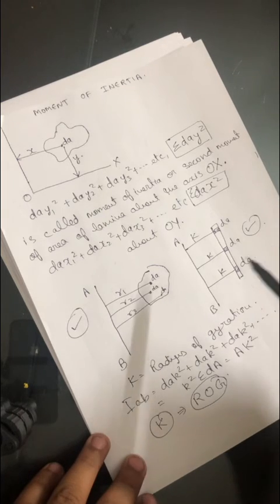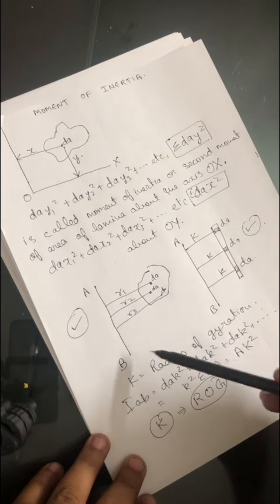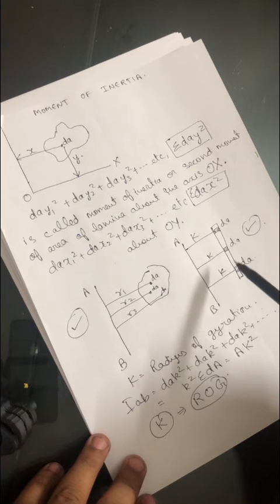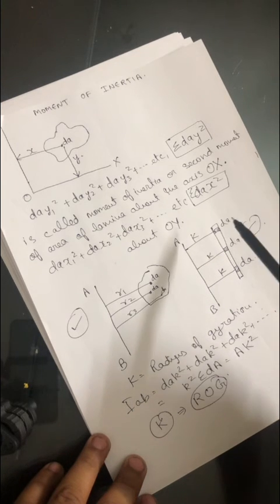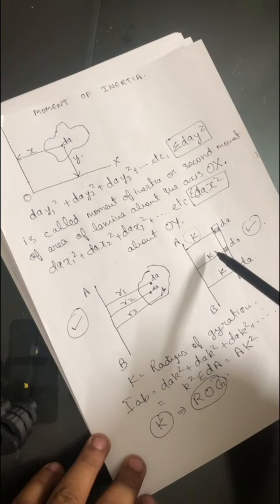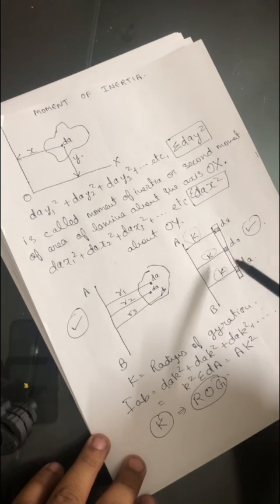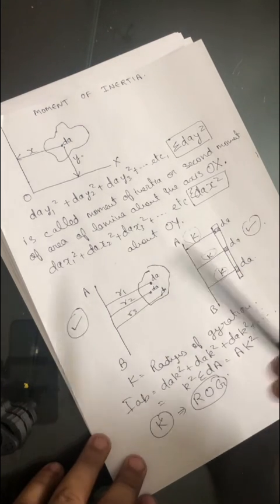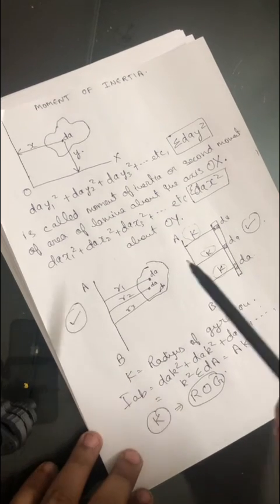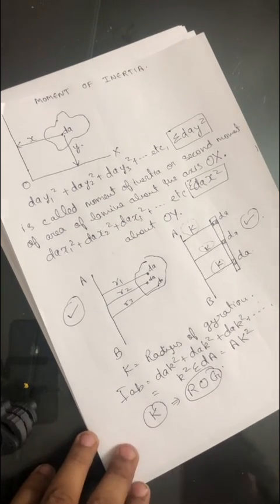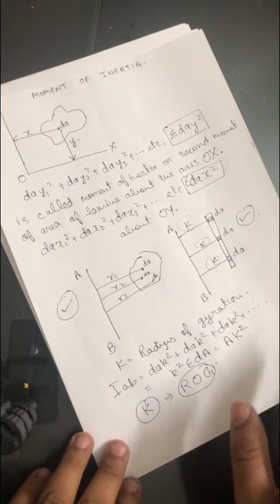What we have done is arranged R1, R2, R3 such that they are equidistant, that is R1 equal to R2 equal to R3 equal to K. They are placed at such a distance K that moment of inertia does not change. So in both the cases moment of inertia is the same, and that is called radius of gyration. Thank you.